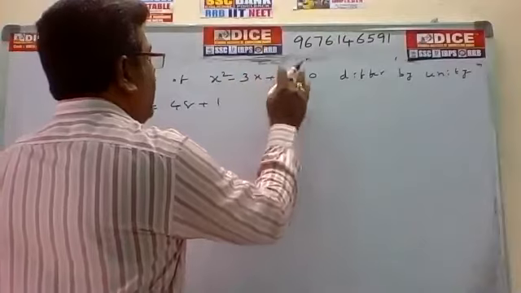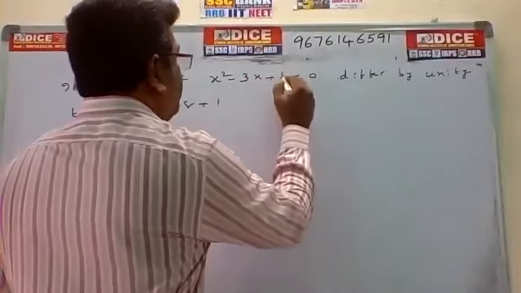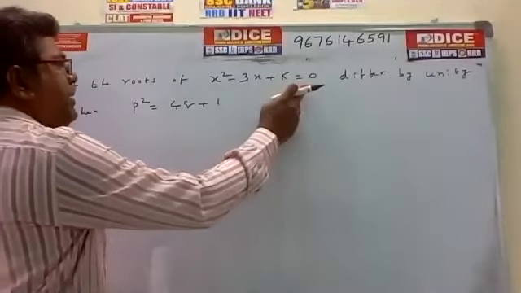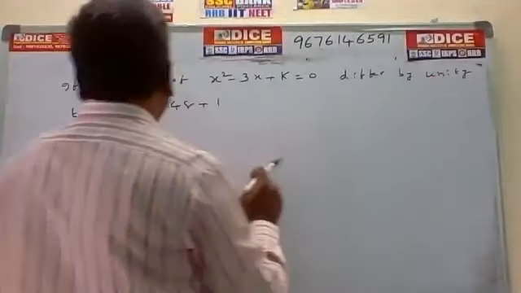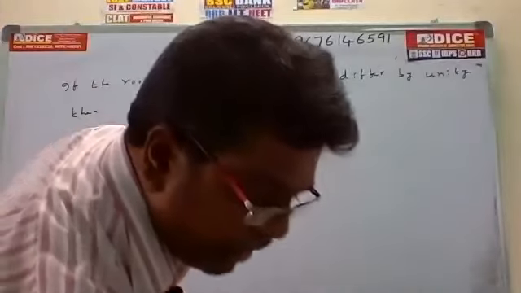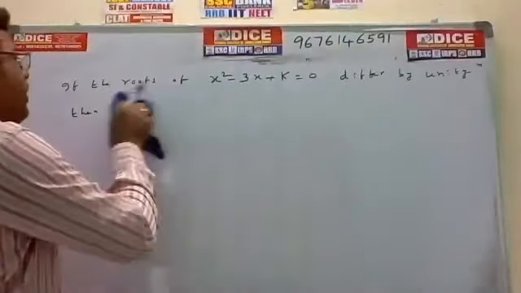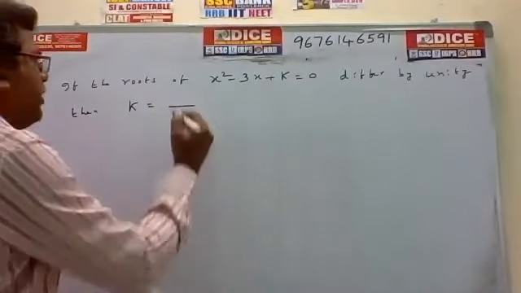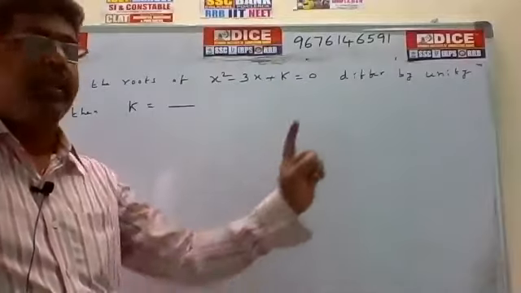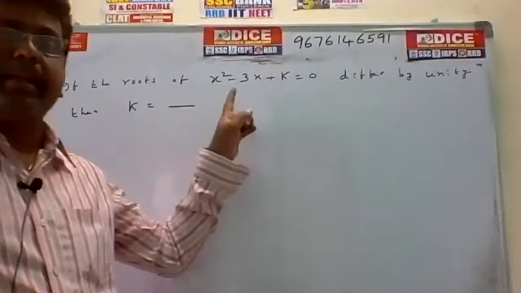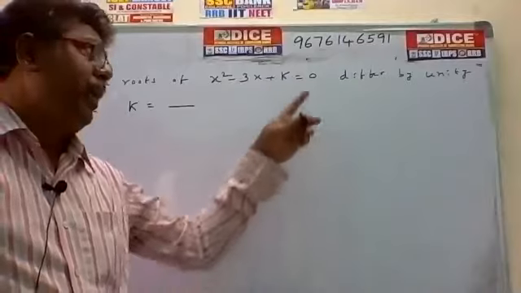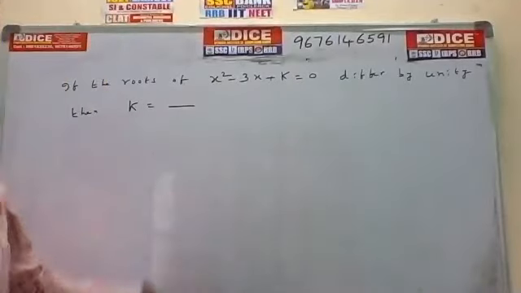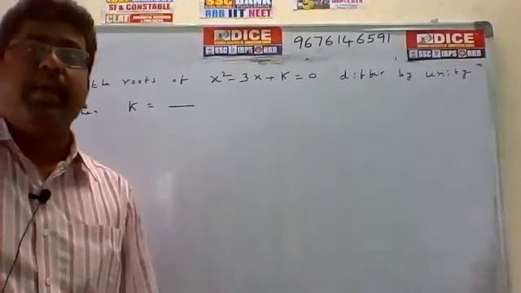If the roots of x square minus 3x plus k is equal to 0 differ by unity, then k is equal to dash.